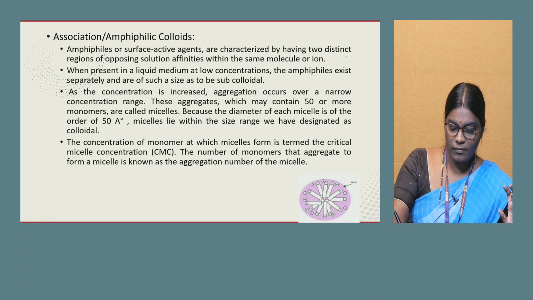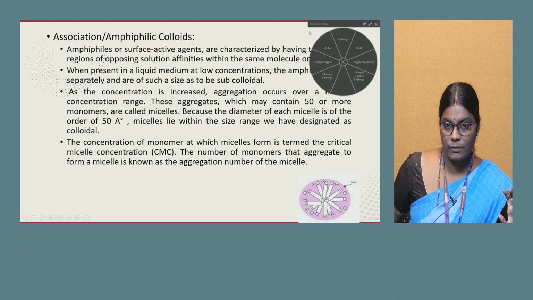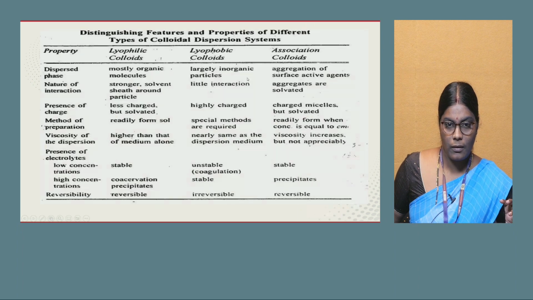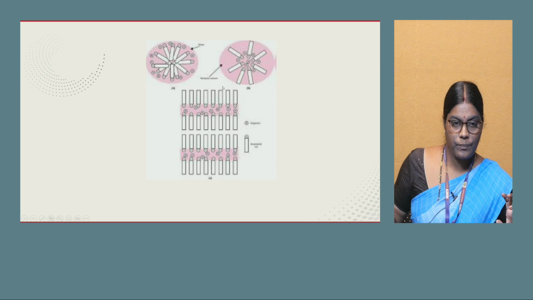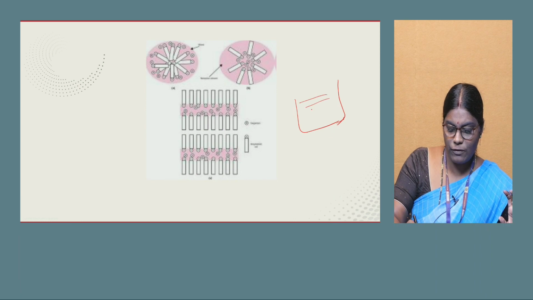Here, you all know how micelles are formed. If you take simply water in a beaker and add a small quantity of surfactant, the surfactant molecules will form a thin layer on the surface of the water, right?